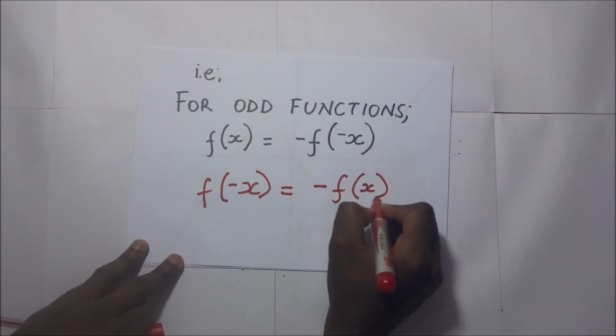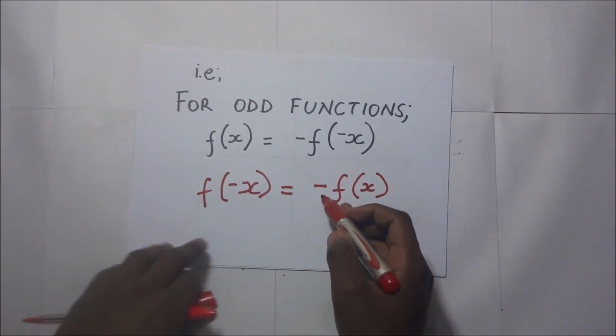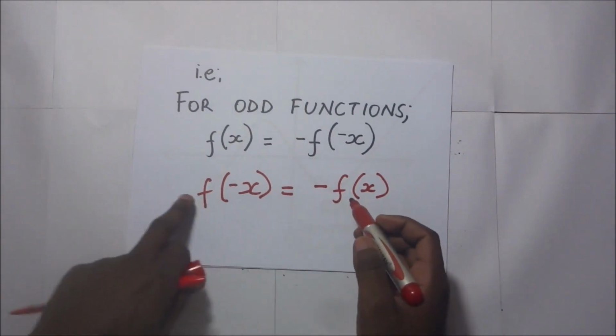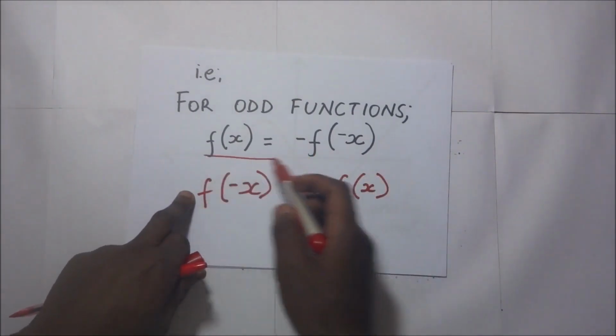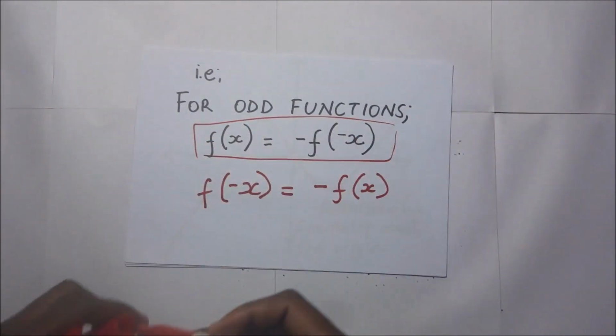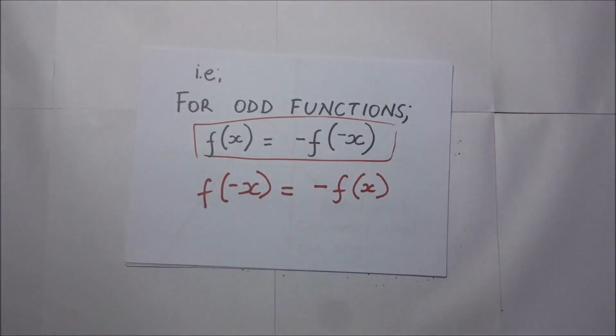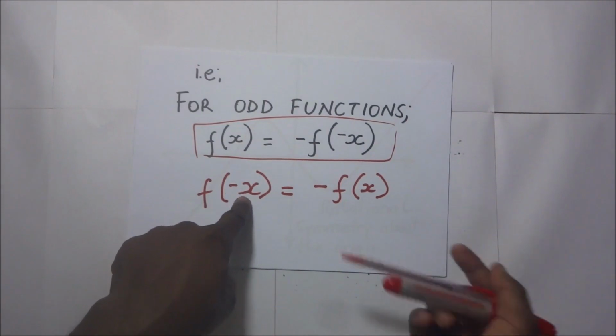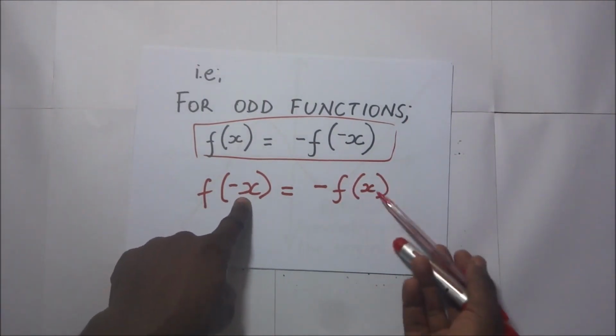And if you multiply by negative on both sides, it turns out to be this expression. This is how the relation comes out for odd functions: when you put in a negative x in the place of x, it's going to return this as your answer.